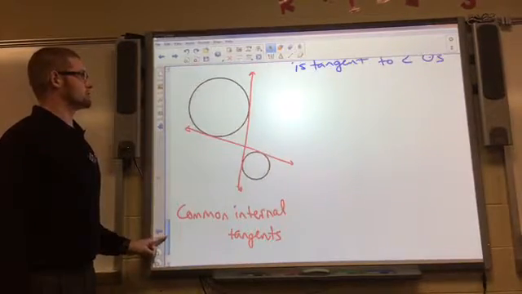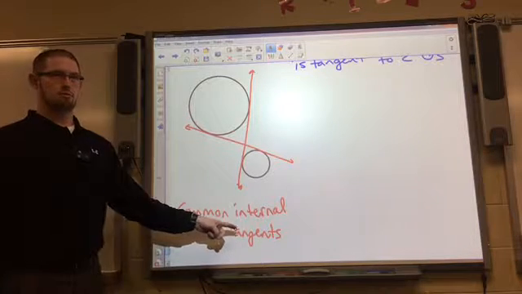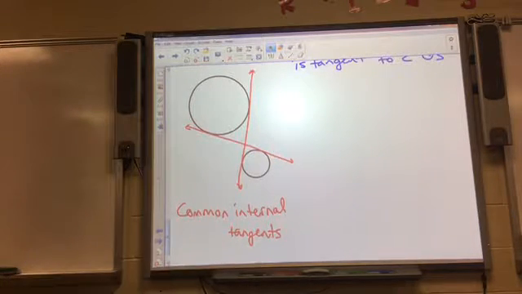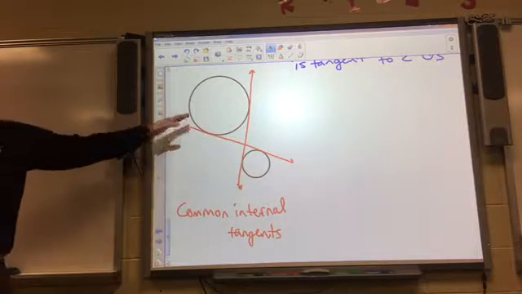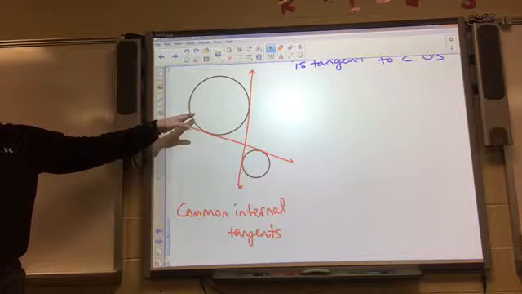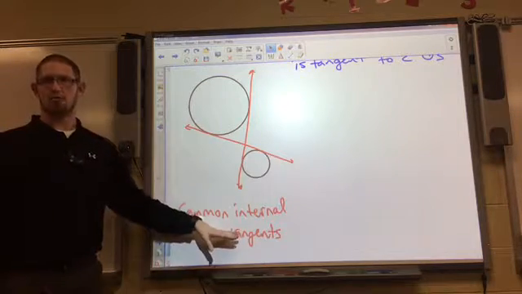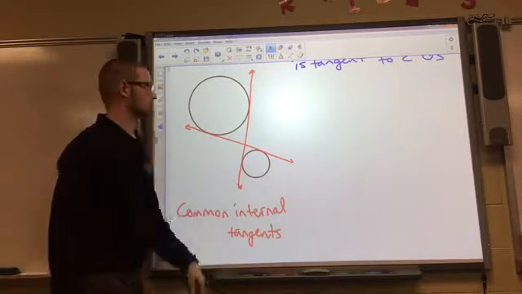These two circles share common internal tangents. Just be very careful on the wording. Are these two circles internally tangent to each other? No, they're not. They don't even intersect each other. But they do share common internal tangents. Okay?